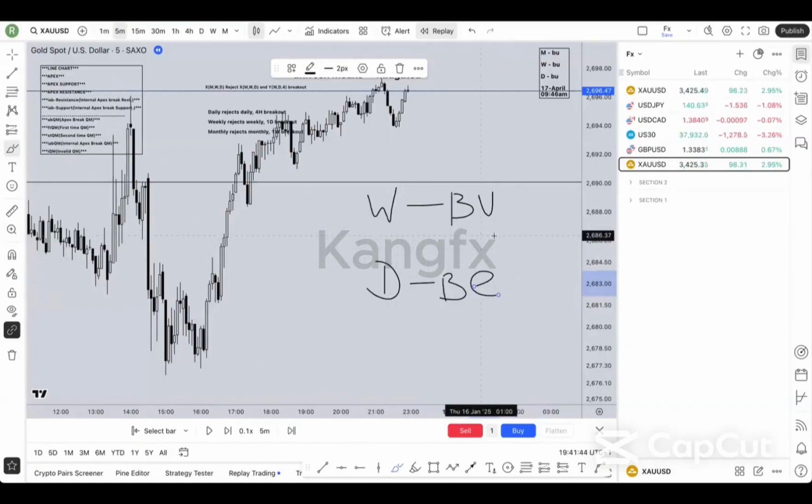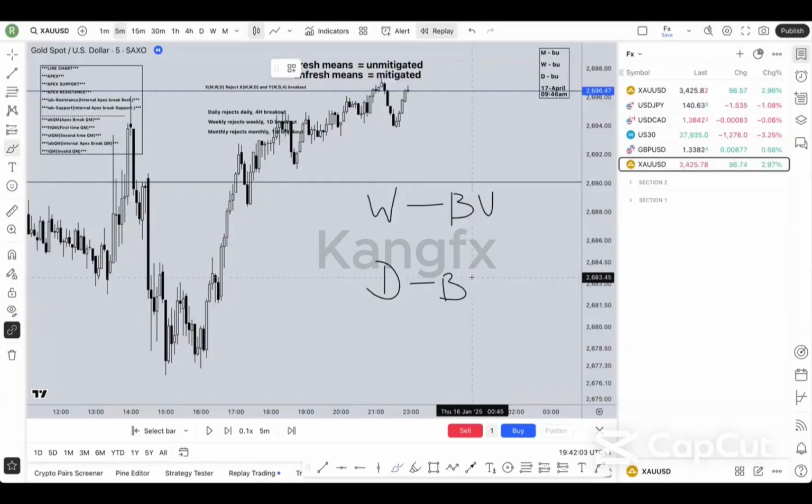And that rejection on daily is coming from an unfresh level. I'll still wait. Then there's a breakout after the rejection from the unfresh level, and that breakout makes daily match up with weekly, becoming bullish.